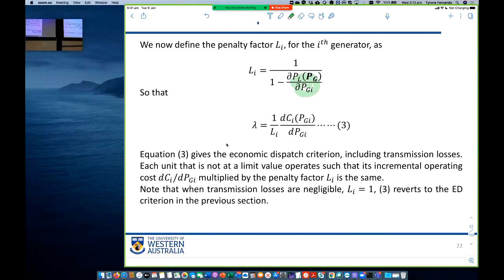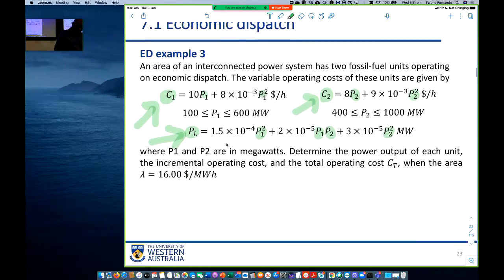And if we differentiate PL with respect to P2, we have that partial derivative there, which I highlighted in green. We can then determine L2, the penalty factor relevant to generator 2. And then the penalty factor multiplied by incremental costs for each of the generators, we equate them. That's the solution we are after, and that's the optimum solution, taking into account the transmission losses.